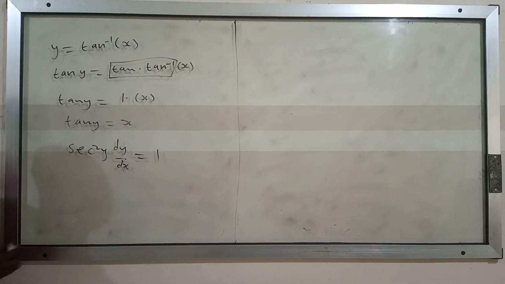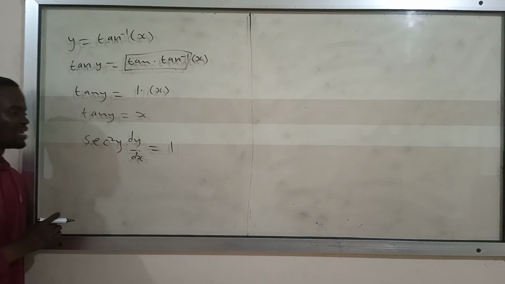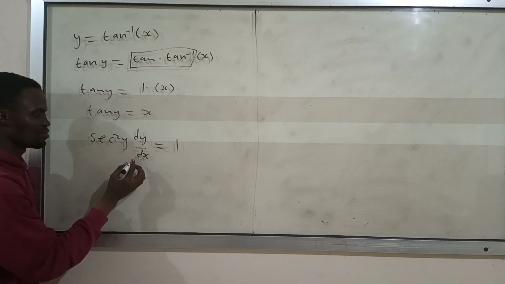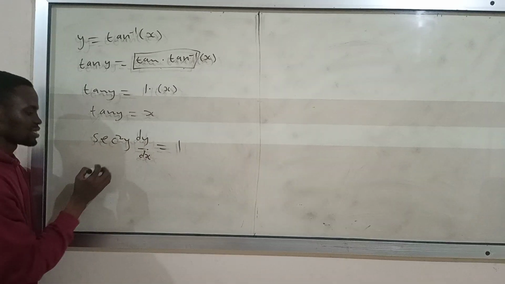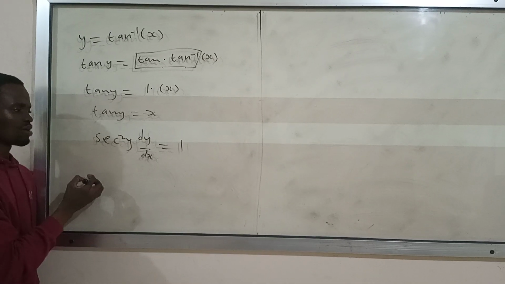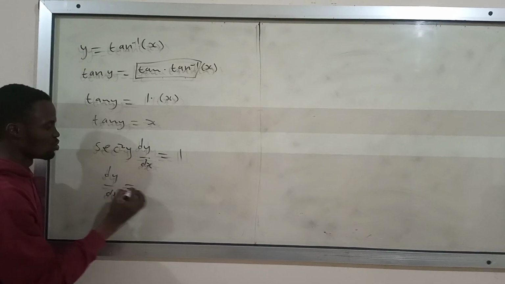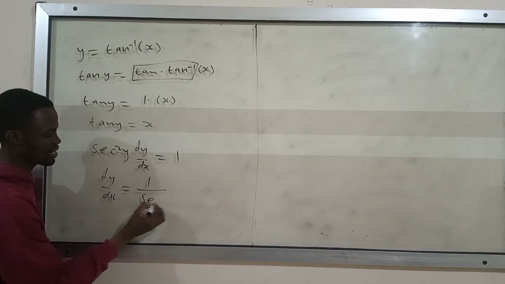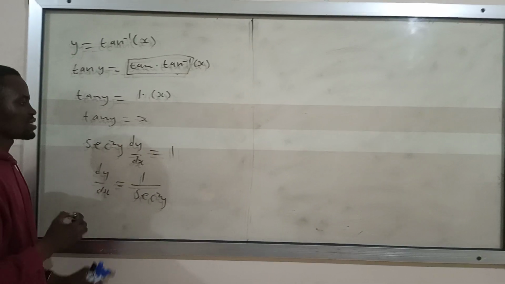Then we are going to make dy/dx the subject. So divide both sides by sec square y. So you're going to get dy/dx equal to 1 over sec square y.